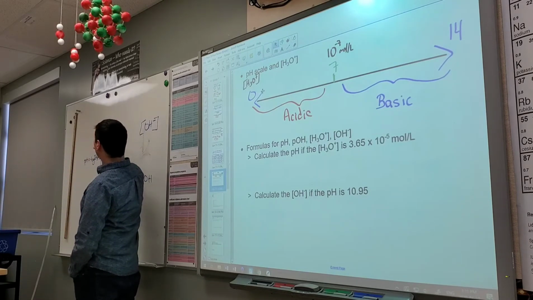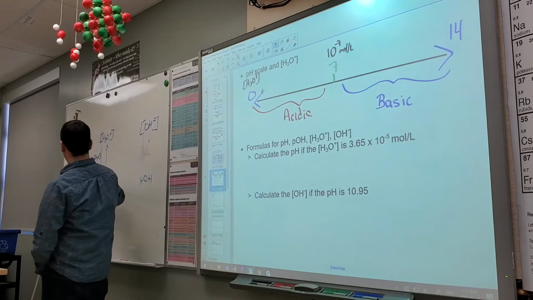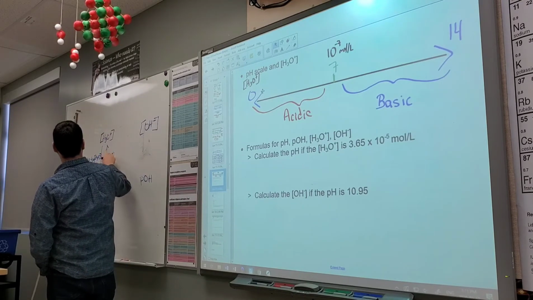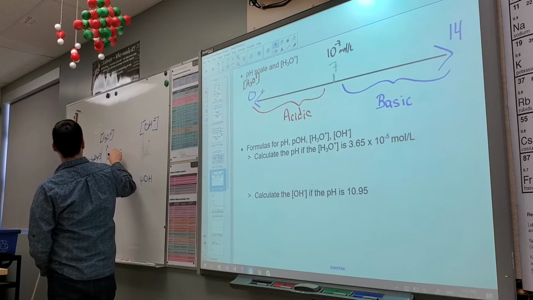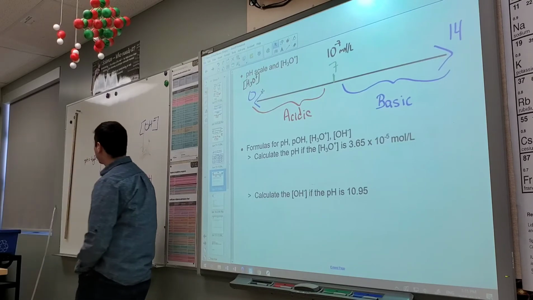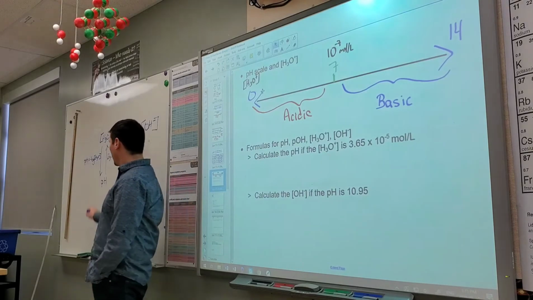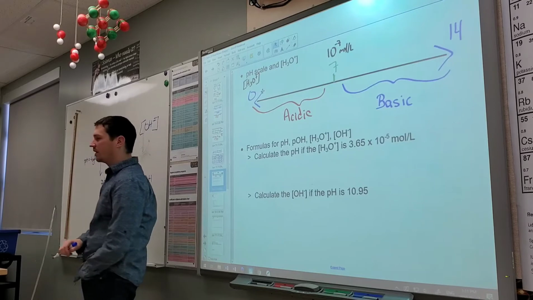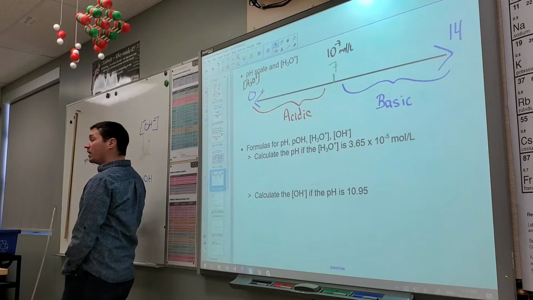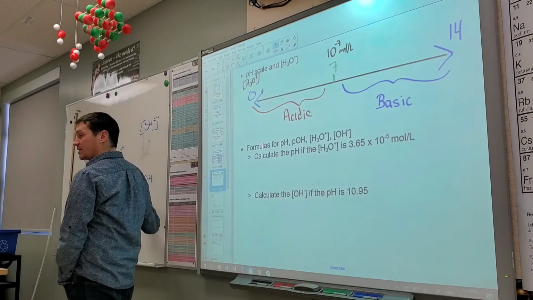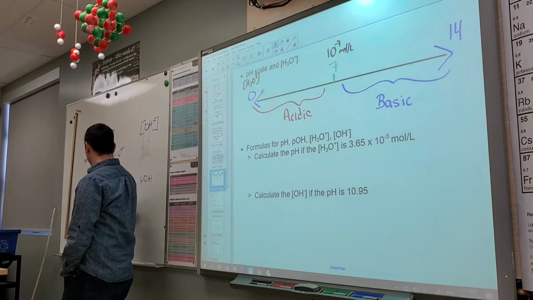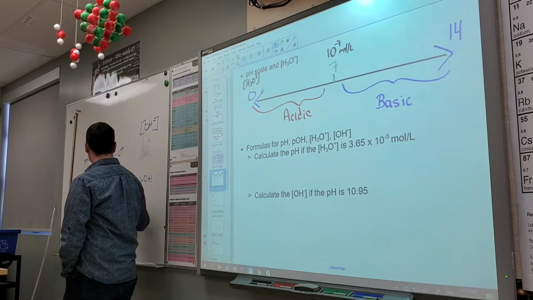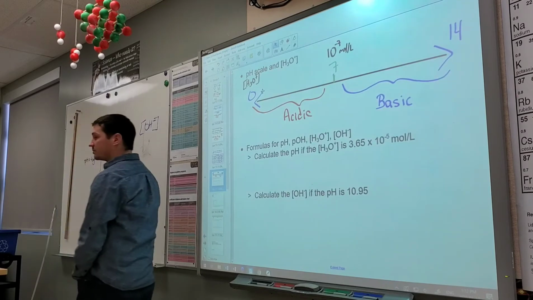If we want hydronium from pH, hydronium is 10 to the negative pH. How do we connect pH and pOH together? When we add them together, what does it have to equal? Good. So pH plus pOH has to equal 14.